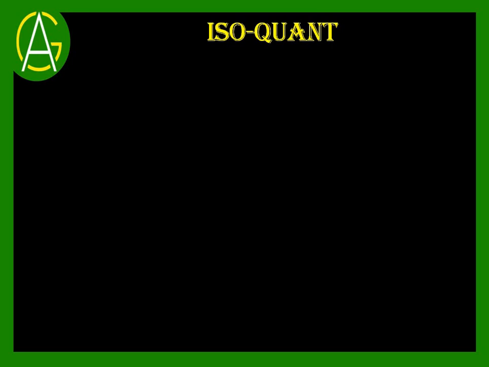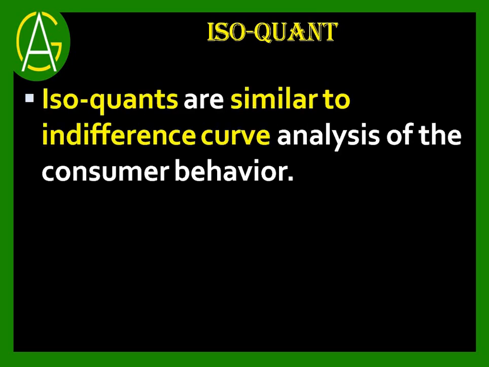Here isoquant refers to equal quantity or equal production curve. So isoquant stands for equal production curve. Now how does this equal production curve work? Let us understand. Isoquants are similar to indifference curve analysis of consumer behavior.